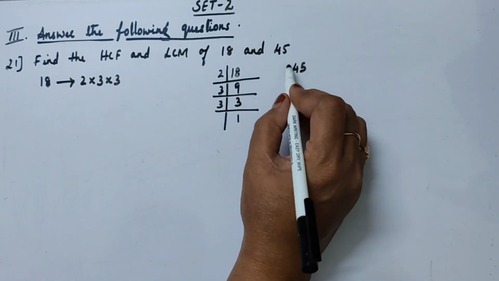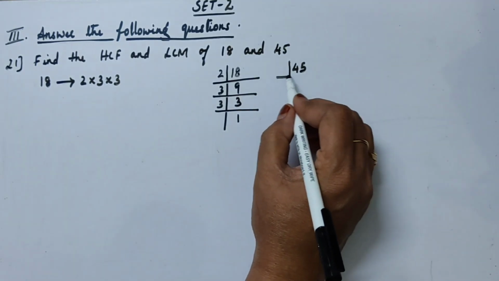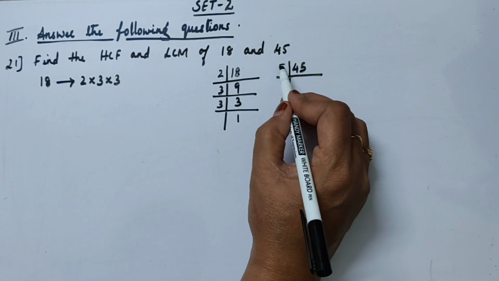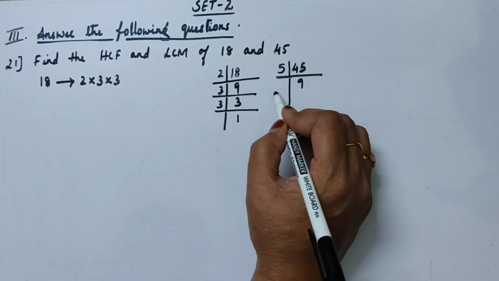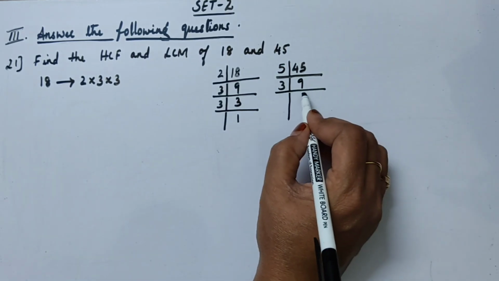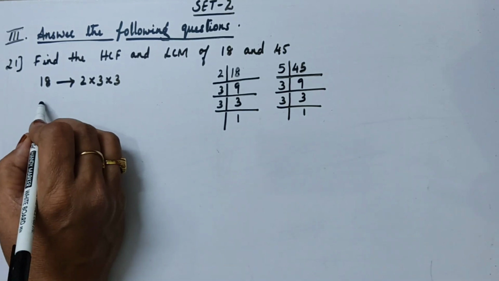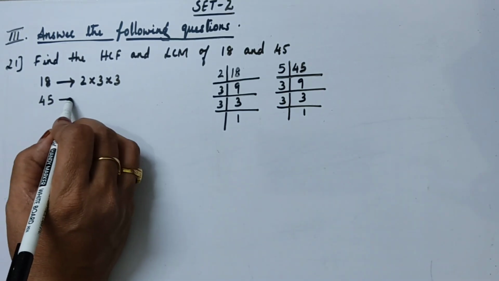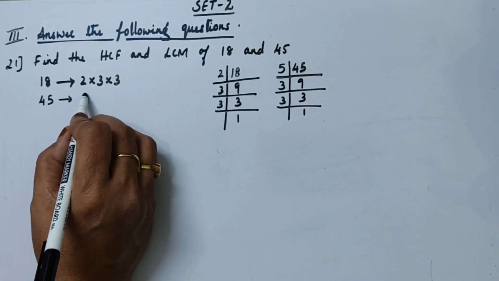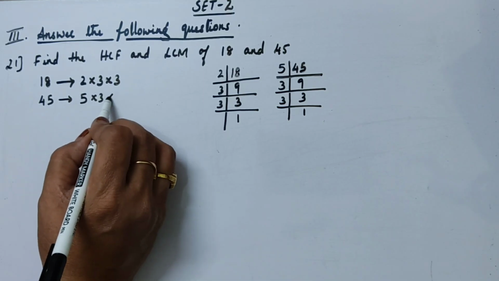Now 45: 5 9s are 45, 3 3s are 9, 3 1s are 3. The factors of 45 are 5 into 3 into 3.